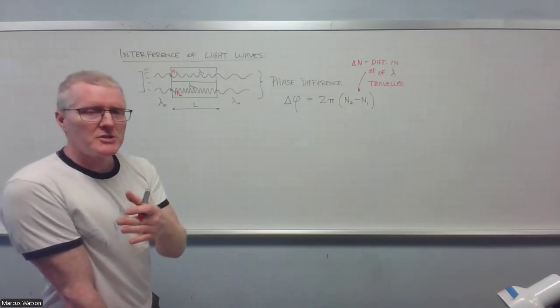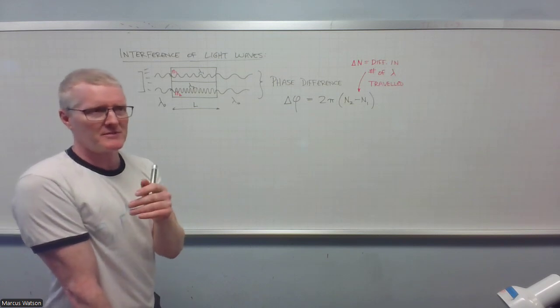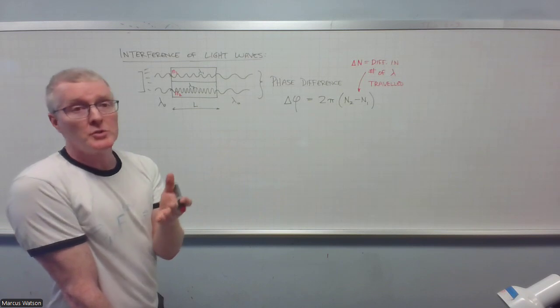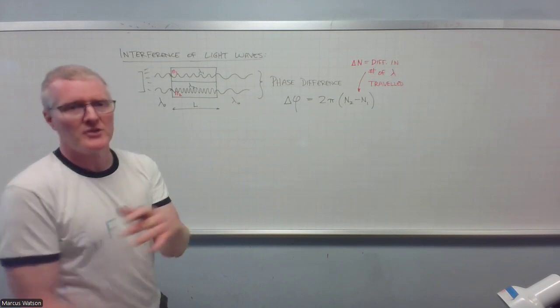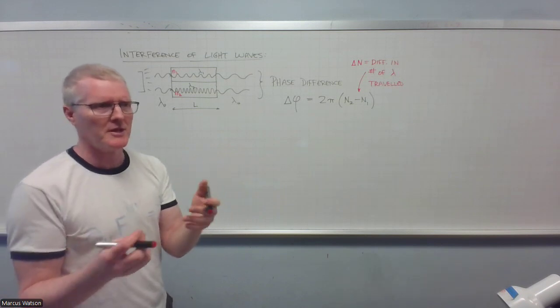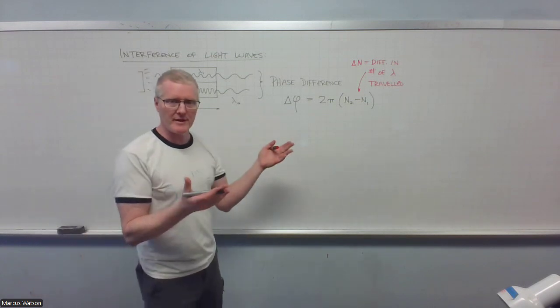It's not so much the degrees, we don't typically use 720 degrees, but you would use, oh, it's 90 degrees out of phase, or it's 180 degrees out of phase. So if it's between 0 and 360, you can use the degree terminology, or you can use the number of wavelengths, right?